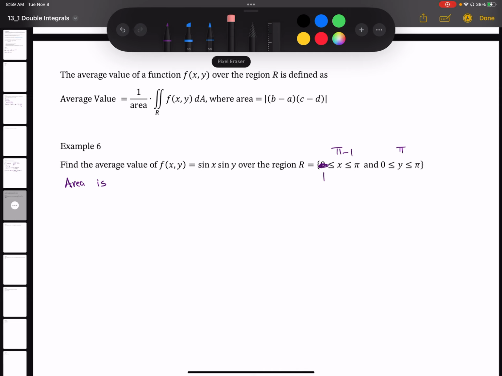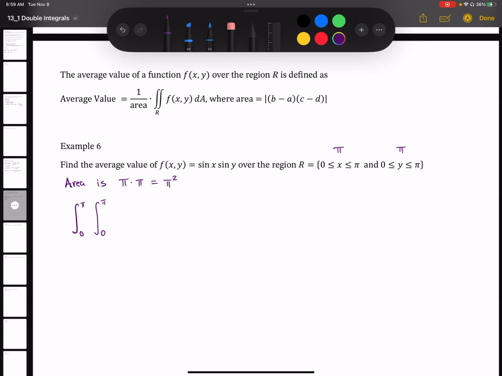You just subtract the two endpoints, and that's the length of that side of the rectangle. So here our area is pi times pi, which is, of course, just pi squared. And we want to find the average value of this function sine x, sine y over this region. So it doesn't matter which way we integrate, it's the exact same integral.